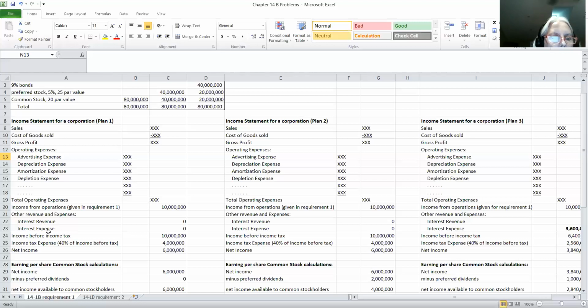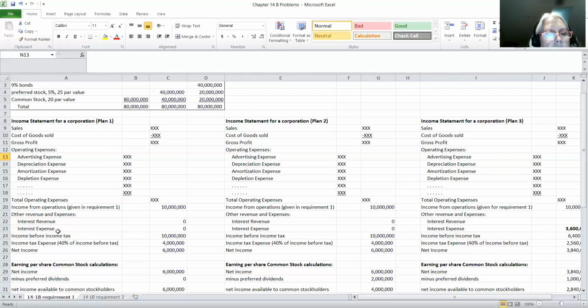Interest expense will come into play in this chapter when we discuss bonds. And so we're going to talk about bonds in a little bit in this particular problem. And the interest that goes off of the bond will be calculated and put in the income statement under other revenues and expenses.